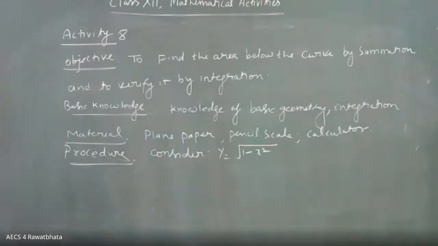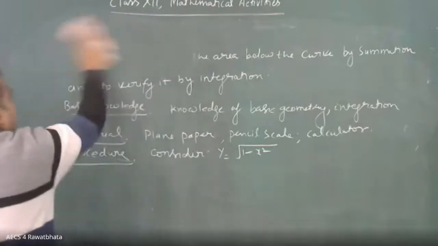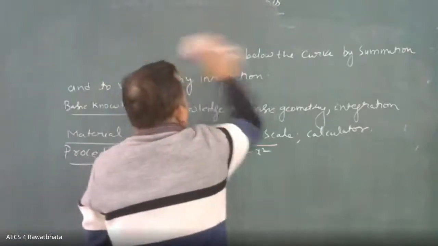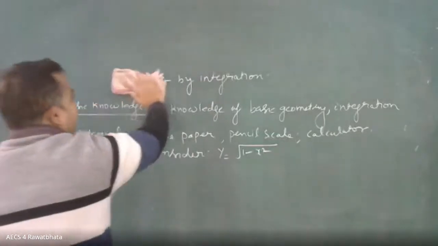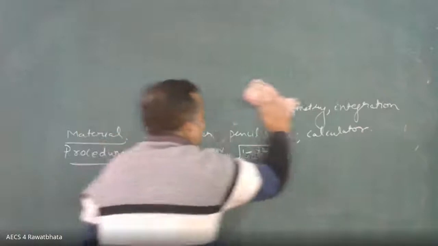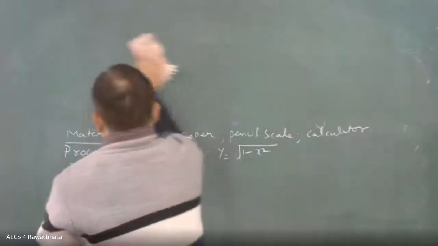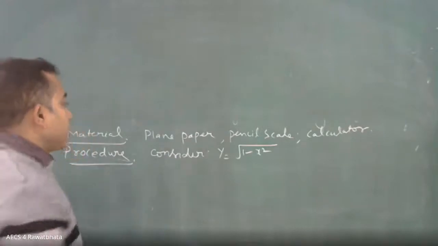Yes, it will represent a semicircle. Absolutely right. This will represent semicircle because y is positive, only along the positive y-axis, right? Otherwise, if you square it, it will give you an equation of circle. But because it is y equal to root of something, only the positive value of y will be taken.